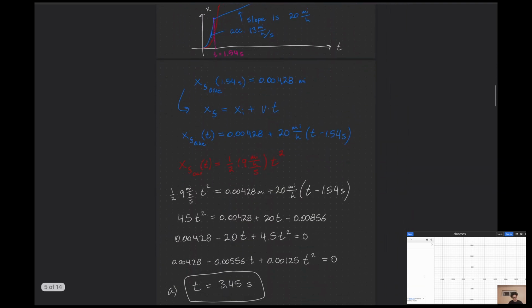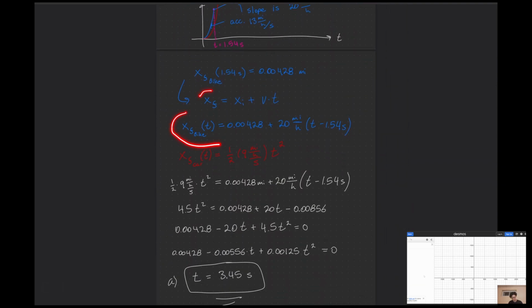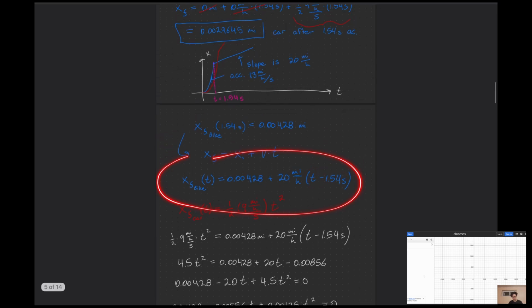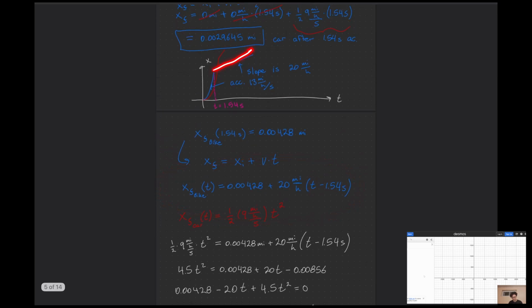And then what we did was create a function for the position of the bike. We did this using the particle under constant velocity, and we took into account that the bike only enters constant velocity after 1.54 seconds. So from the time, I remove this for this plot to work, right? Because I'm shifting this function from originally it being over here to now it's starting over here.